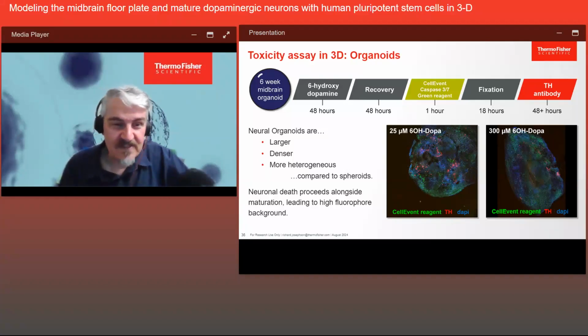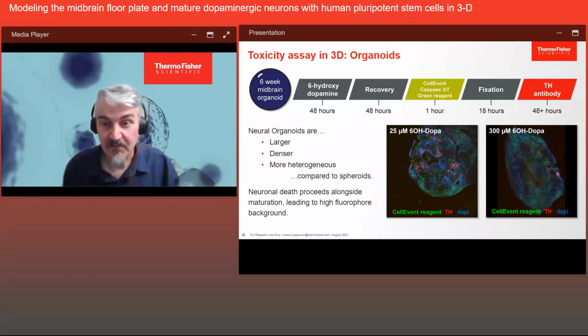What we found was that the fluorescence of the CellEvent dye did not increase with the dosage of 6-hydroxydopamine. And I believe the reason for this is that there's a very high background signal, mainly on the outer surface of these organoids.